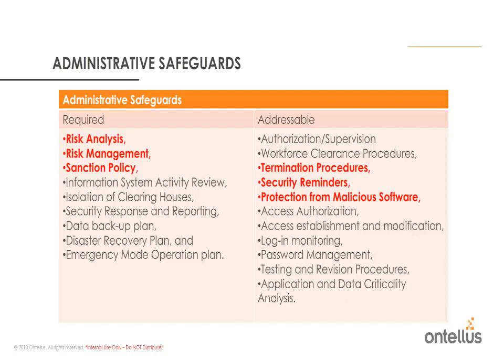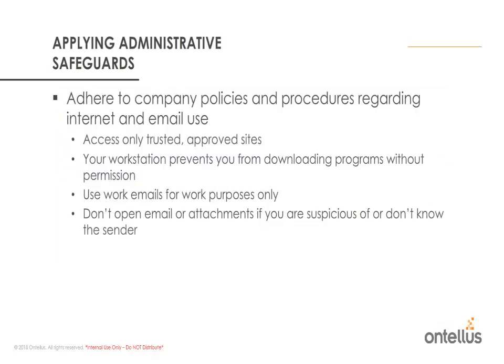Here is a list of HIPAA administrative safeguards. Under HIPAA, it is required for a company to conduct a risk analysis on a regular basis and to have a plan for managing that risk as well as a sanction policy for anybody who violates HIPAA. One administrative safeguard that applies to most of our job duties is the set of company policies and procedures regarding internet and email use.